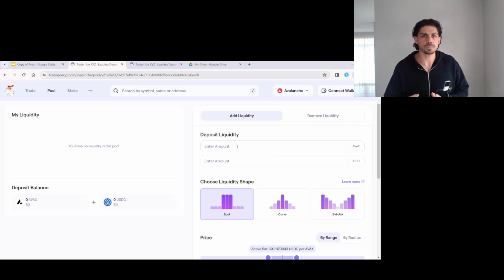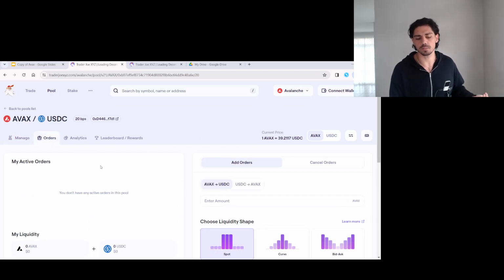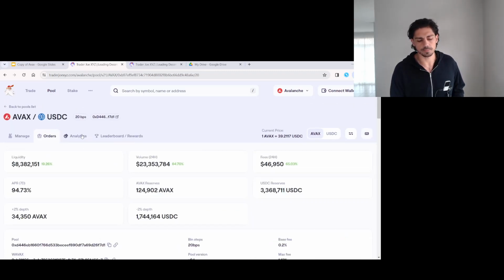And then in exchange, they will essentially give you what's called an LP token. The LP token you can think of as a voucher that allows you to claim back that amount of USDC and Avalanche plus a little extra in the form of fees, right? Which are going to be very small if you were to put that in there because, at the end of the day, this is a lot of liquidity, right?